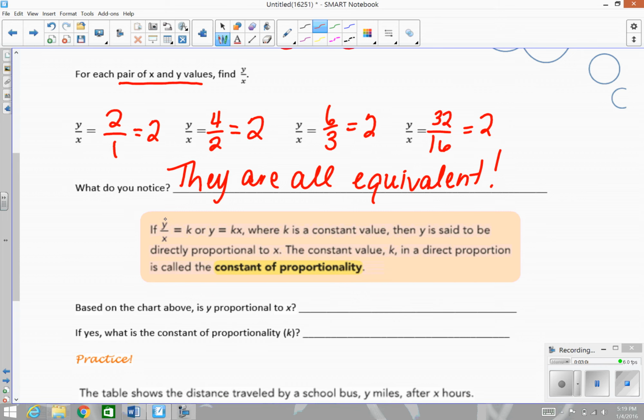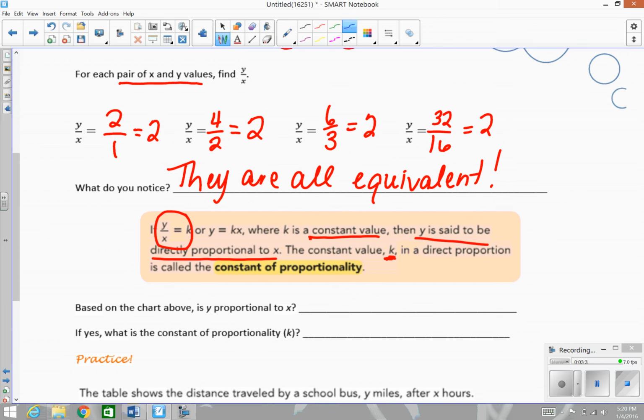If Y over X equals this constant number, we're going to call it K, this same value over and over again, then we can say that Y is directly proportional to X. And when that happens, that constant value, that K, is what we call the constant of proportionality. Constant of proportionality, which is kind of a funny phrase, but very, very important.